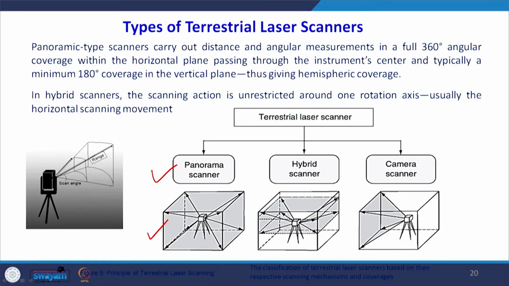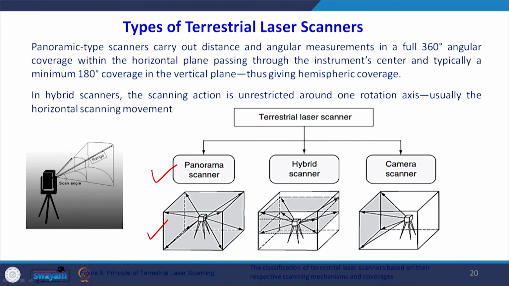So, if you keep it at a point, it will cover the whole area, as shown in this room. This is kept in a room, and all the faces of the room, including the top and the bottom, have been scanned. So, data has been collected very quickly in a short period of time.